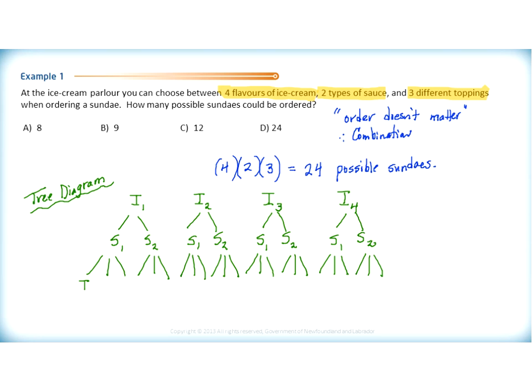So we have topping 1, topping 2, and topping 3. And that pattern continues until we get to the last one. T1, T2, and T3. I should have spread out the branches of the tree a little more.